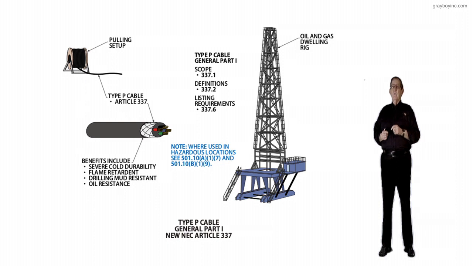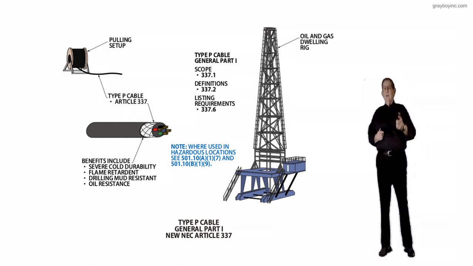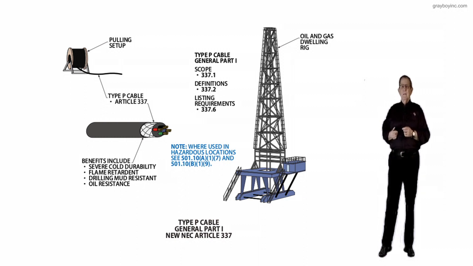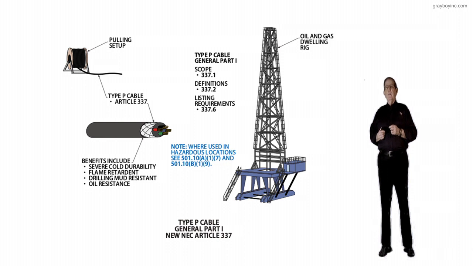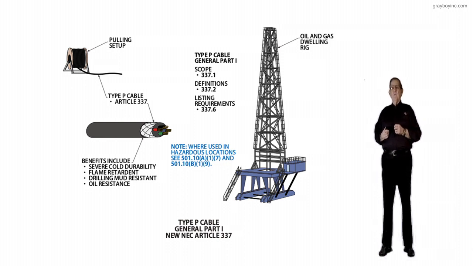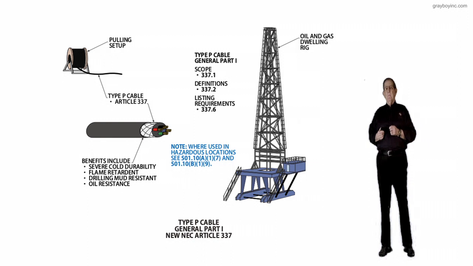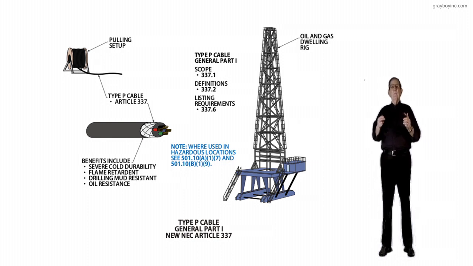And then, of course, we'd go to 500, 501, or any article that dealt with our subject where we were in classified locations. But 500, 501, 502, 503 are big. If you're installing equipment in the zones, Article 505 is big. So just keep that in mind.